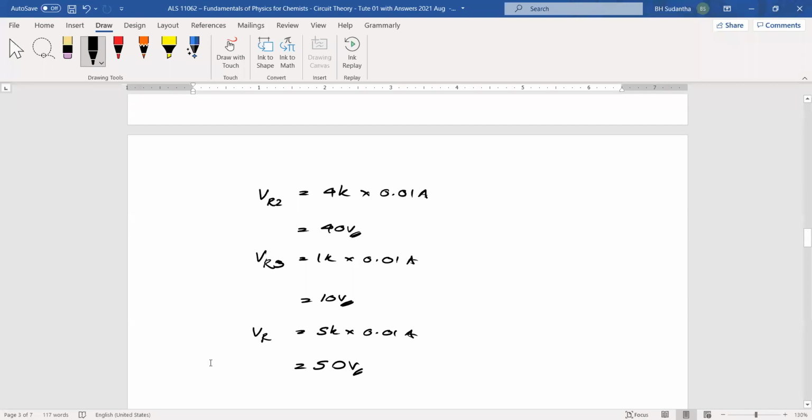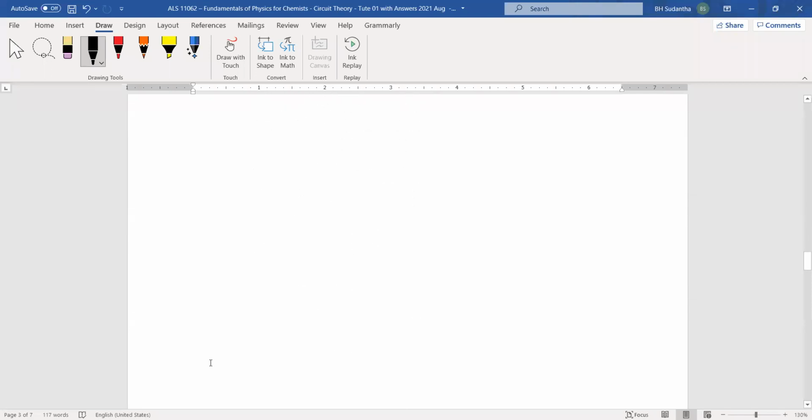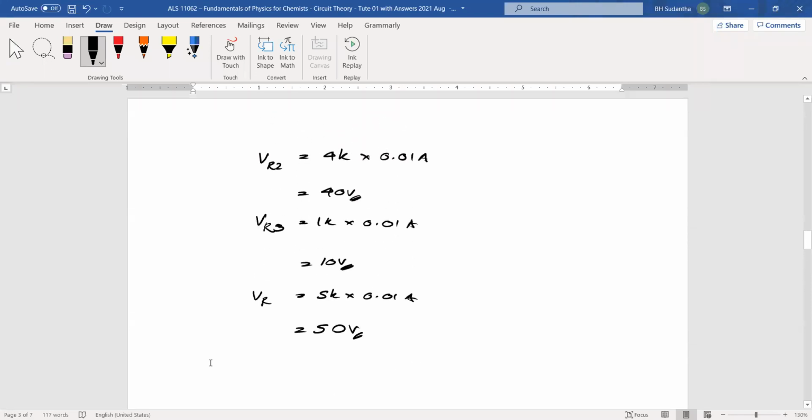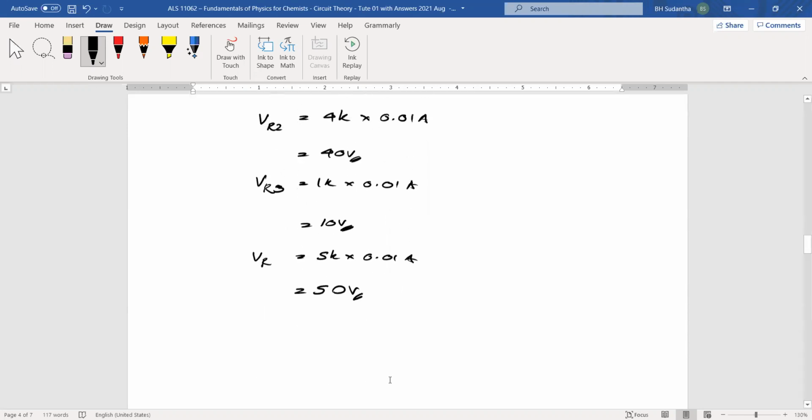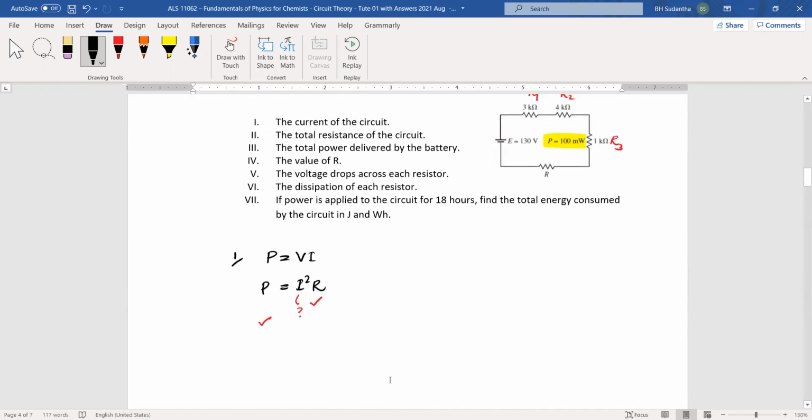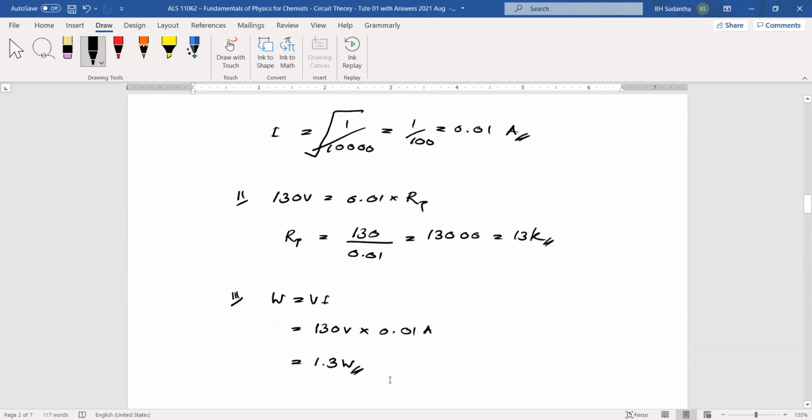Okay. Power dissipation of each resistor. Okay, next one, the power consumption of each resistor.